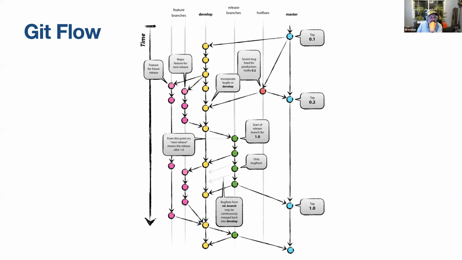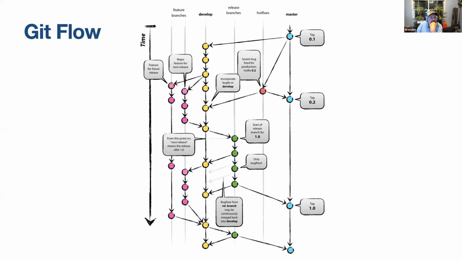So basically you have your master on the right side, you have your hotfix branch, you have your release branch, you have your develop branch, and then you have feature branches. So if you look at this blue version called 0.1, that would get brought over to develop if it's the beginning of the project.